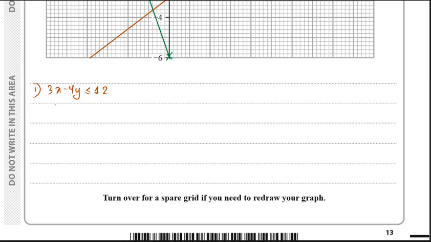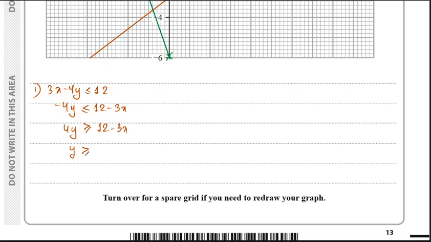So if I leave 4y here, and then take this here, so this is going to be this, and if I divide or multiply both sides with minus 1, the inequality sign will change. So this would be 12 minus 3x.